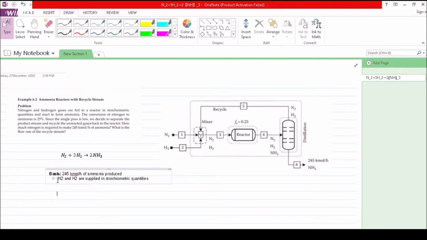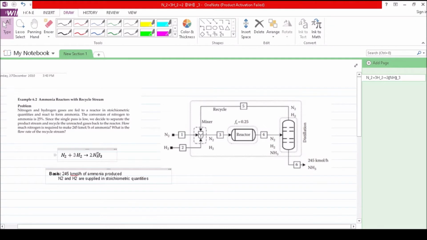To begin, looking at the diagram, we are going to solve for streams 1 to 6, and we can solve for streams 1 and 2 by applying an overall mole balance on the system, which would be given by the amount of moles entering the system equals the moles leaving the system at the rate given by 245 kilomoles per hour.